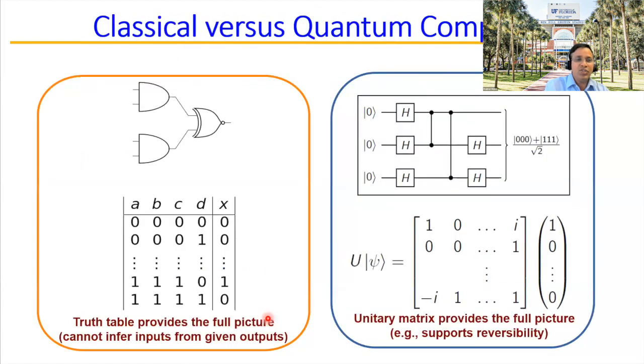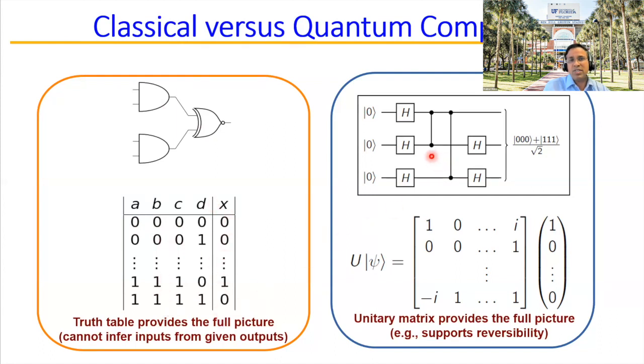Now, if you are an engineer, this is the difference between classical and quantum. In the classical domain, we have a few logical gates, whether it's XOR, and we can represent using a truth table how different inputs, so this is A, B, C, and D, and this is X, how different combinations of values would represent different outputs.